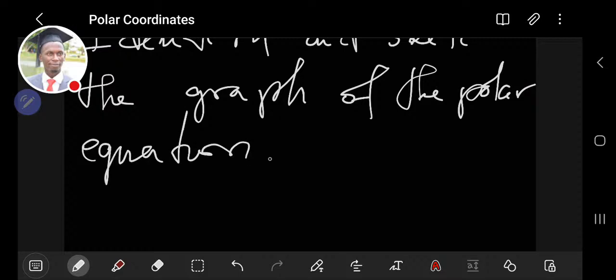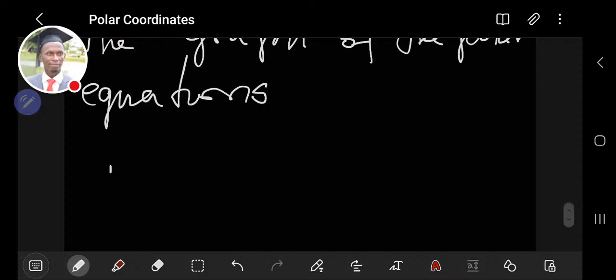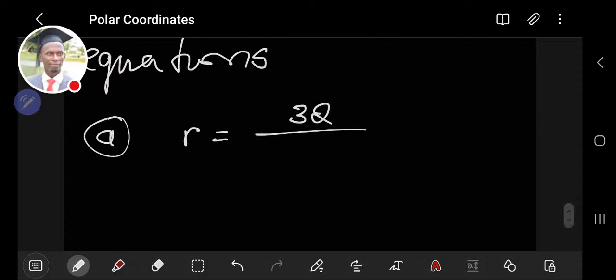Let's start with the first one. For the first one, we have r equals 32 over 3 plus 5 sine theta.